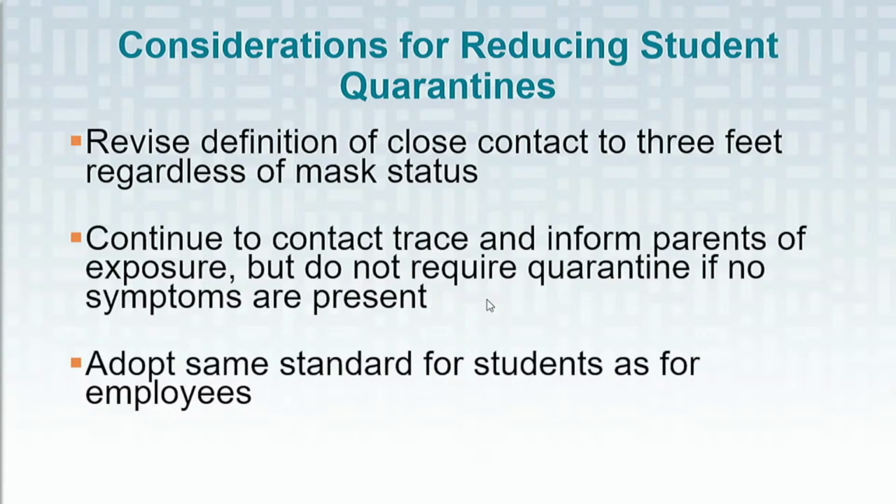That's basically, I believe, exactly what they're requiring for employees now, that in our data have about a 35% chance of moving from quarantine to isolation. And the last thing is just to adopt that same standard for students as for employees, which really is a combination of perhaps the first thing.